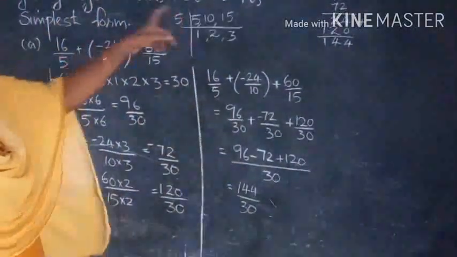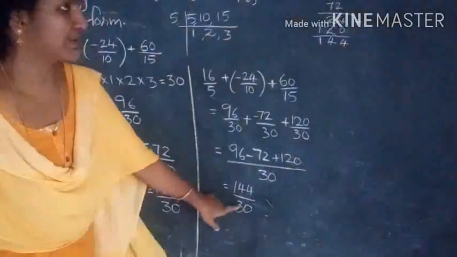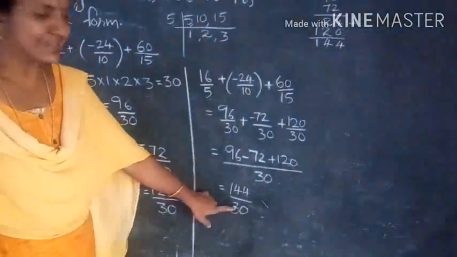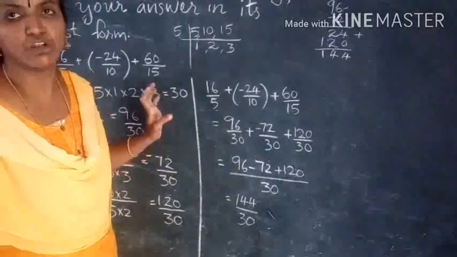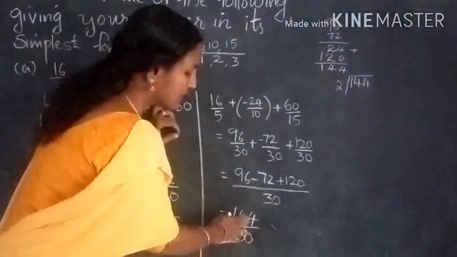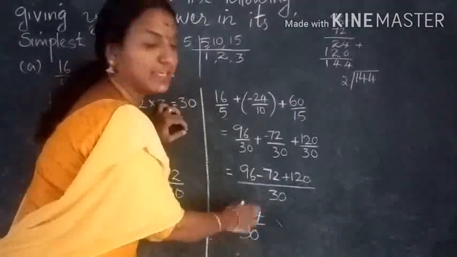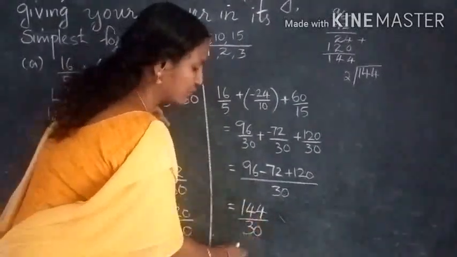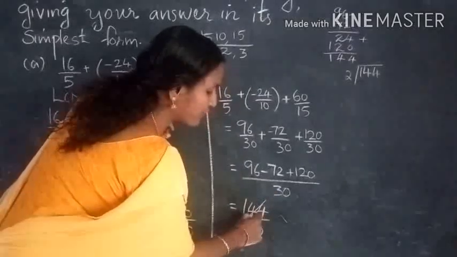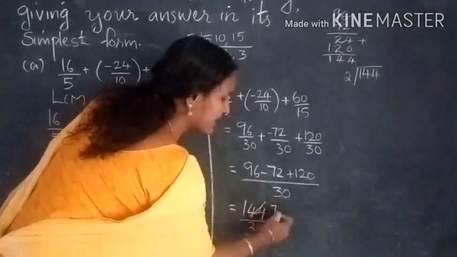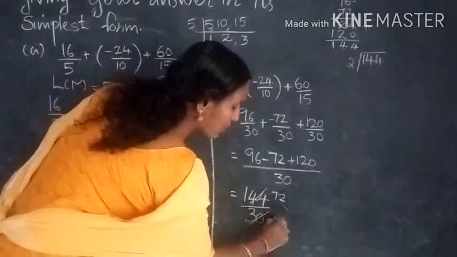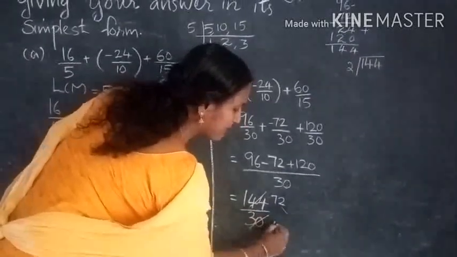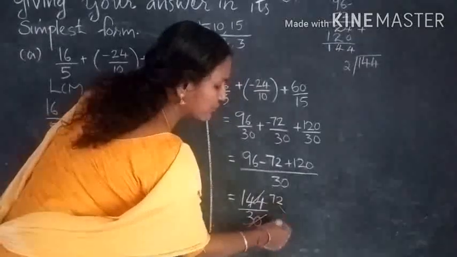Here the answer in its simplest form. Simplest form means you have to cancel the common factors from the numerator and denominator. Here 2 is common for both the numerator and denominator. So cancel it by 2. How many 2s are in 144? 7 2s are 14. 2 2s are 4. How many 2s are in 30? 1 2s are 2. Then 10. 5 2s are 10. 72 by 15.